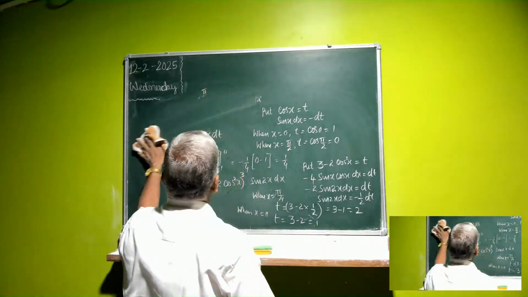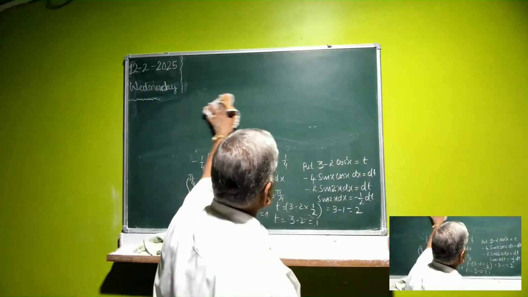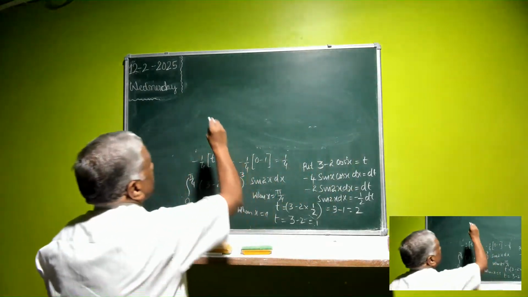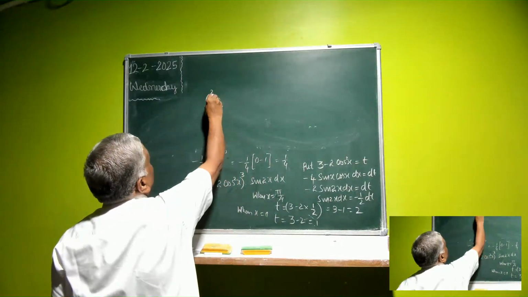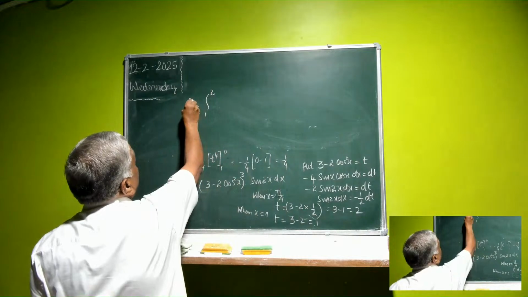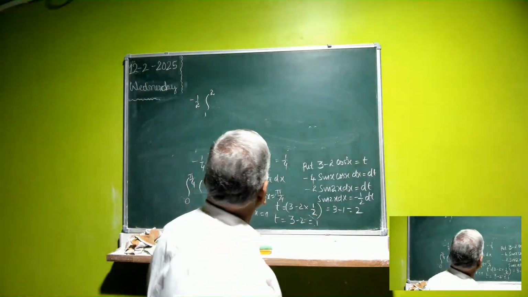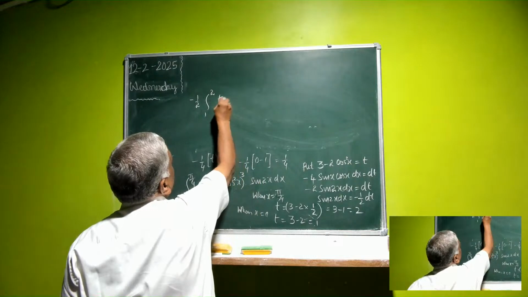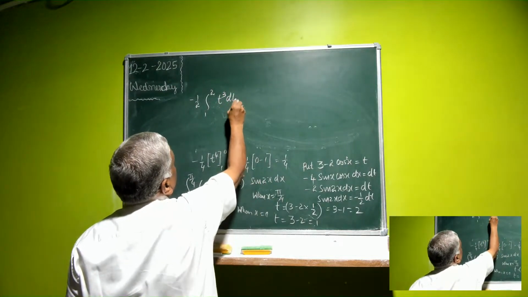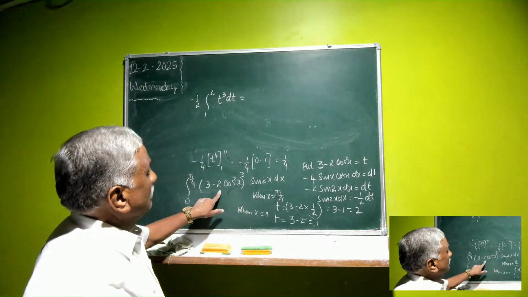So what is the problem now? The upper limit is 2, the lower limit is 1. So 1 to 2, you have got minus half outside, keep it outside. Then you have got t cube dt. So what will happen?